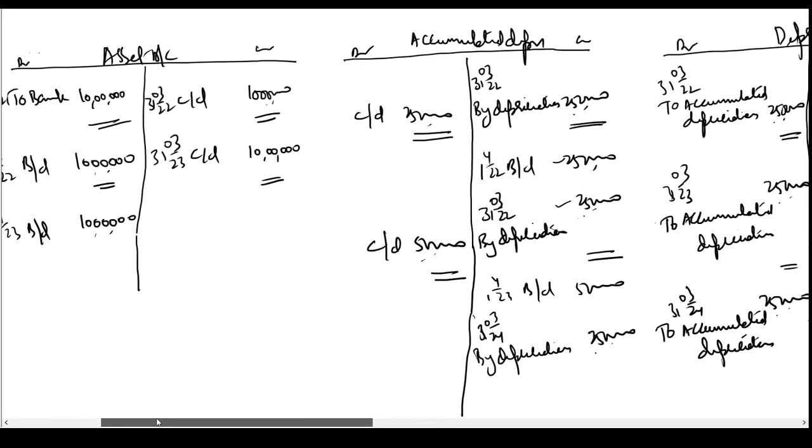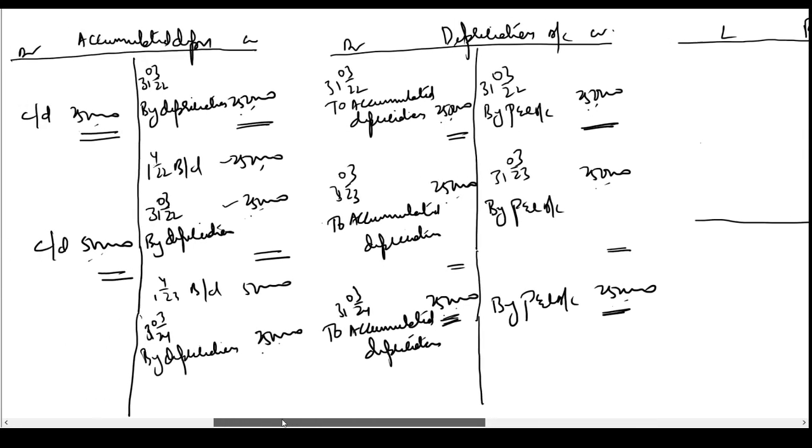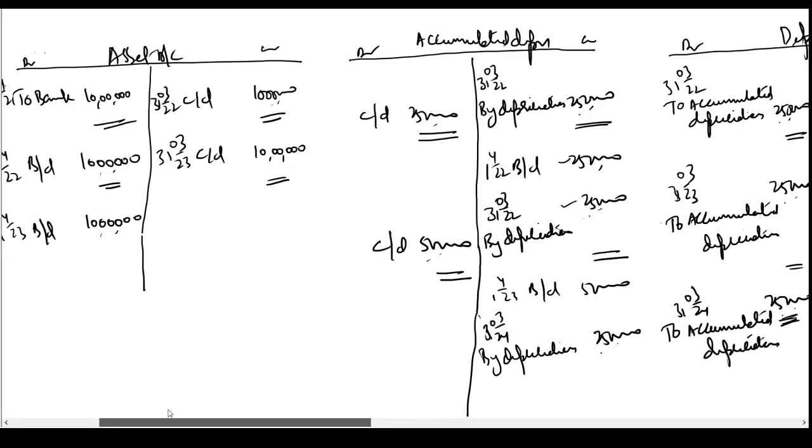Now what happens to the depreciation amount? At the end of the year it is transferred to P&L account. By P&L account 2,50,000. This amount will get closed. So P&L account will be debited with 2,50,000.